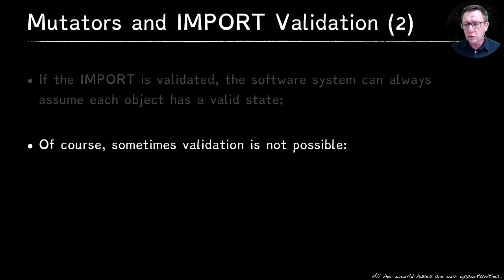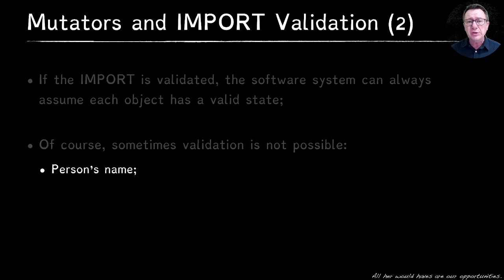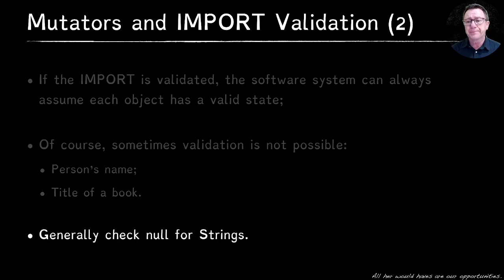When would it not be possible? Well, a person's name. It's not possible to validate a person's name. The title of a book, we can't validate the book title. What we generally do in these cases is check for null strings, and if we've got null strings, we can put in a default value.